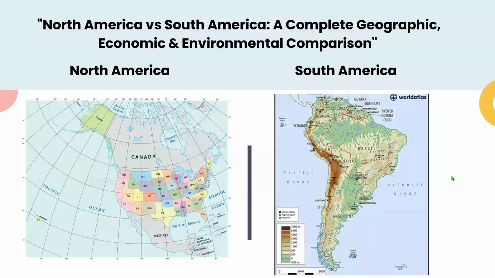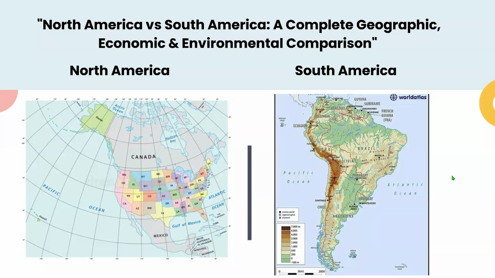Then the cost of living will be very high and you may not be able to meet the needs of the children, so they return. So all parents must know about North America and South America completely, and you can compare some of the climatic conditions with our India.